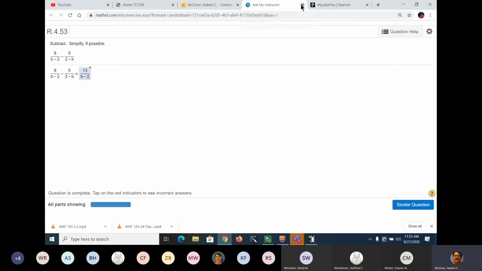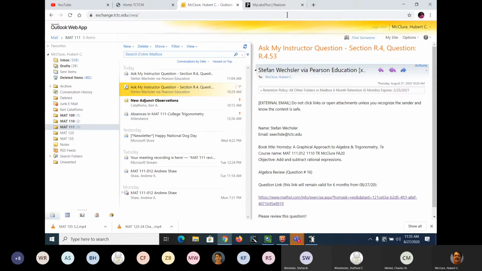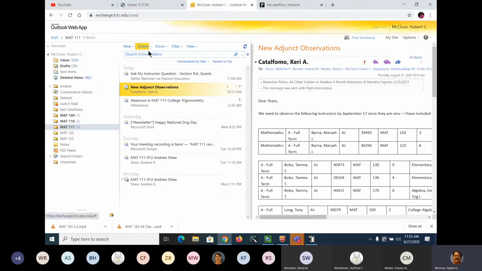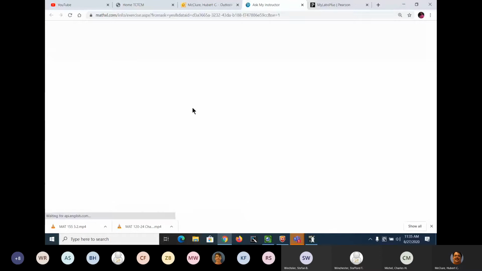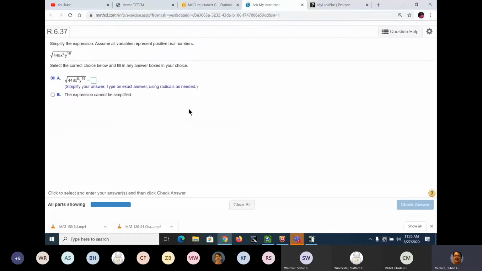Next question. This is R6, 37/29. So this is another review question. And this could be a test question because it's very straightforward. So we've got to break up everything into square roots.